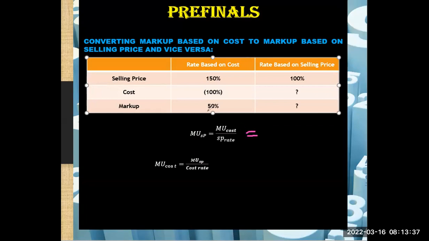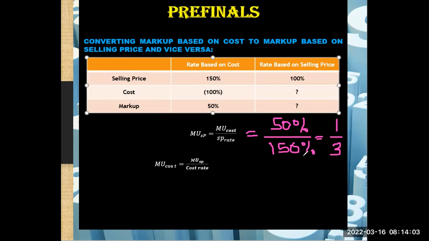Markup based on cost, 50%, divided by 150. If we simplify 50% divided by 150%, it will give us 1/3.